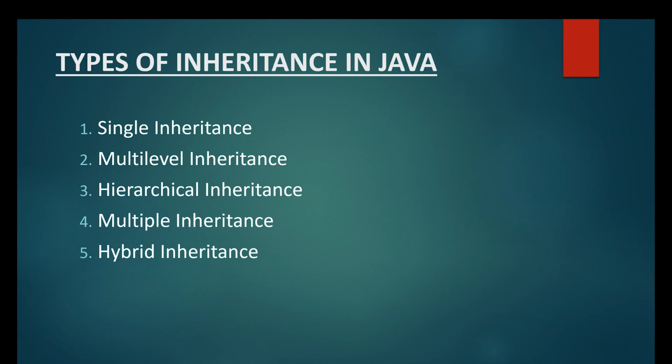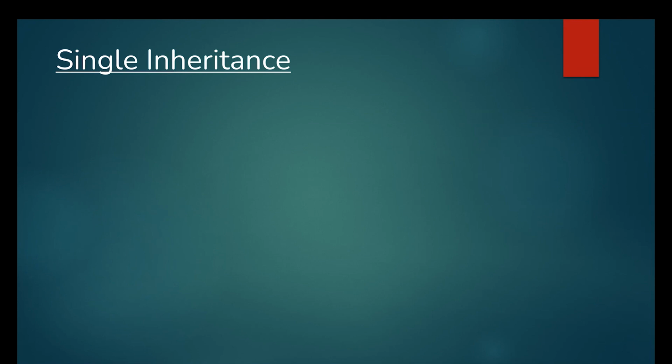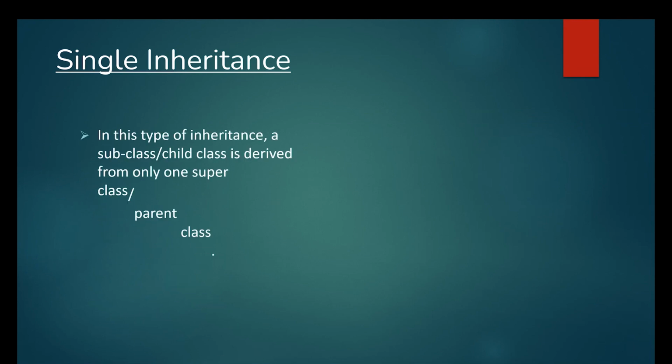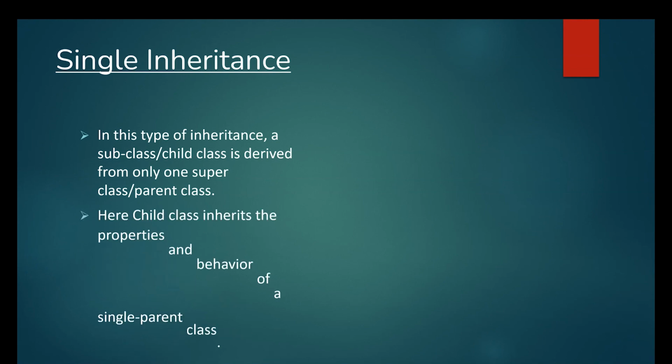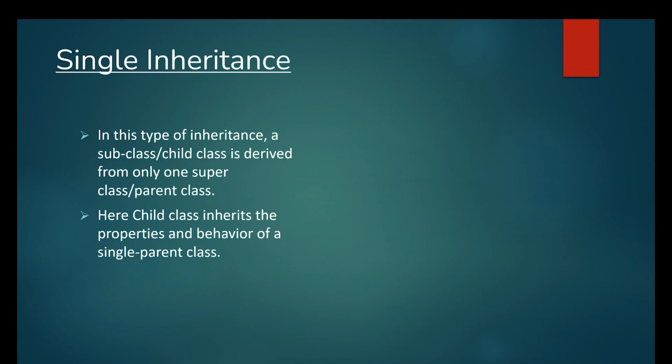Now, let us dig deeper into each of these inheritances and see how this works. Let's first jump to single inheritance. What is single inheritance? Single inheritance is an inheritance where there will be one subclass and one parent class, which means there will be a class which will have just one superclass. Now, what is the second point about single inheritance?